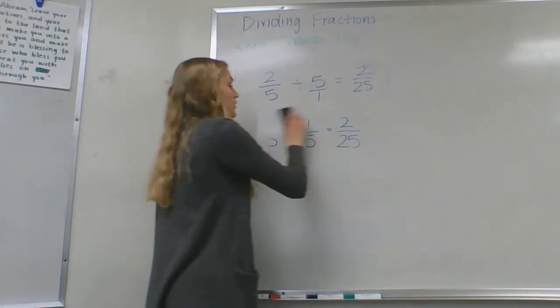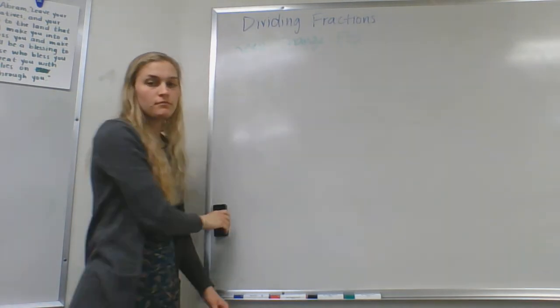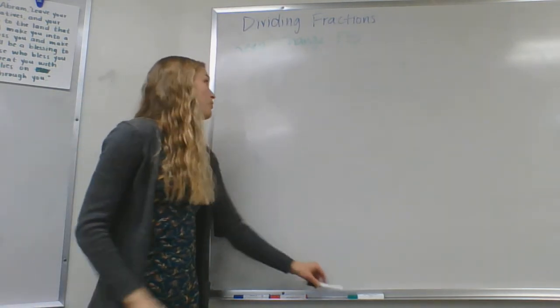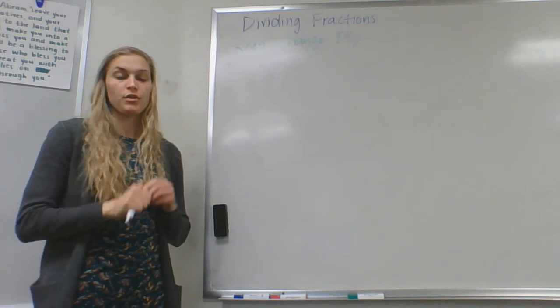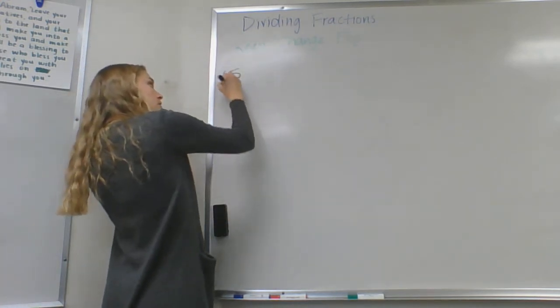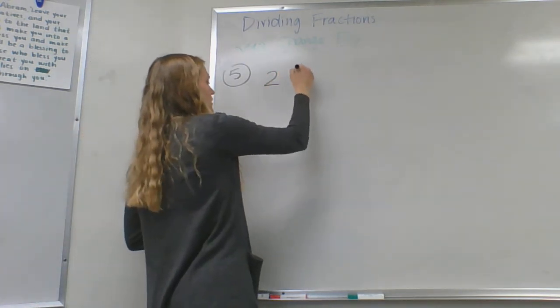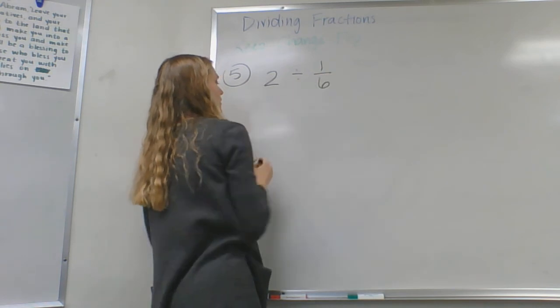We'll do another one. We'll just do one more actually. We'll do one more and we'll do a whole number divided by a fraction so you can see that too. So number 5, we're going to do 2 divided by 1/6. All right.